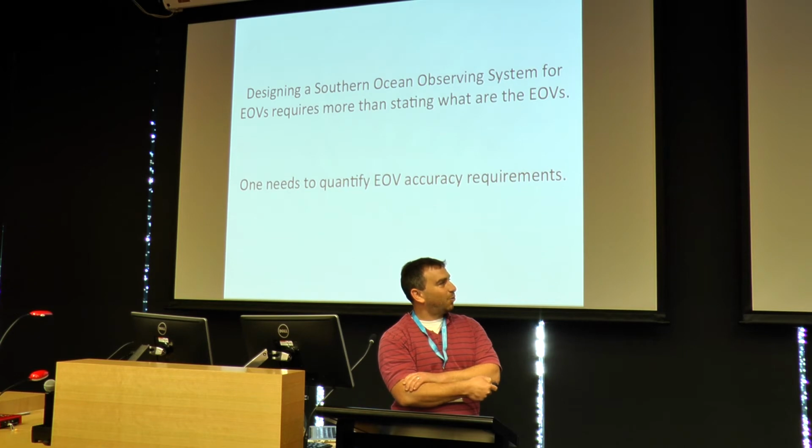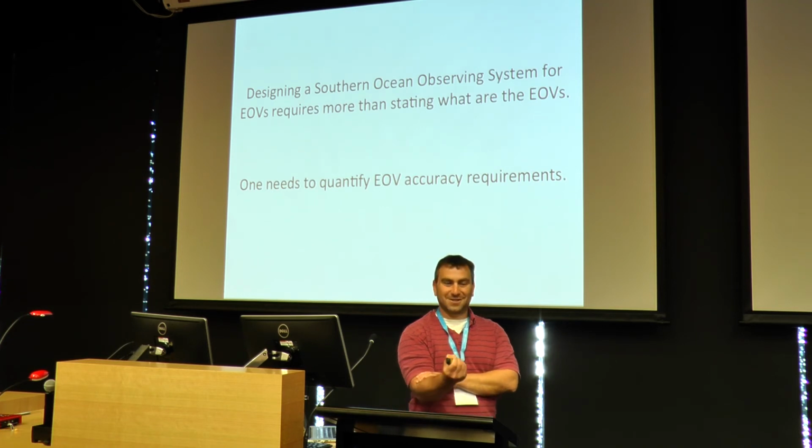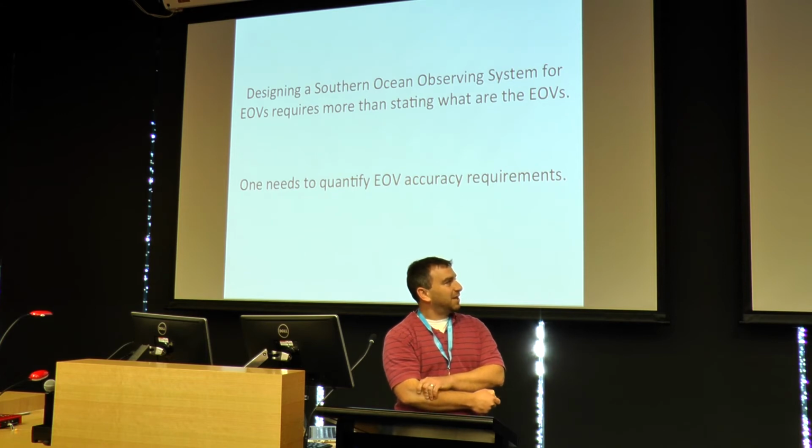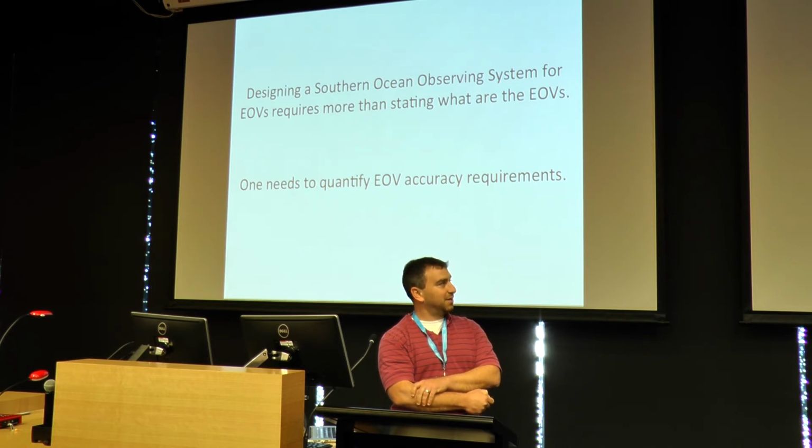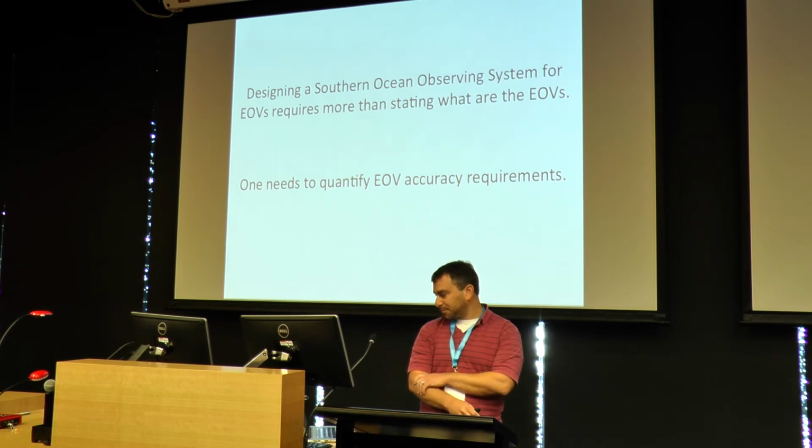You need to quantify what accuracy you want, or you can't actually determine whether it is 0, 0.5 or 1. We need to decide EOVs and EOV accuracy requirements. You could think of this as a single location or maybe varying in space as well.